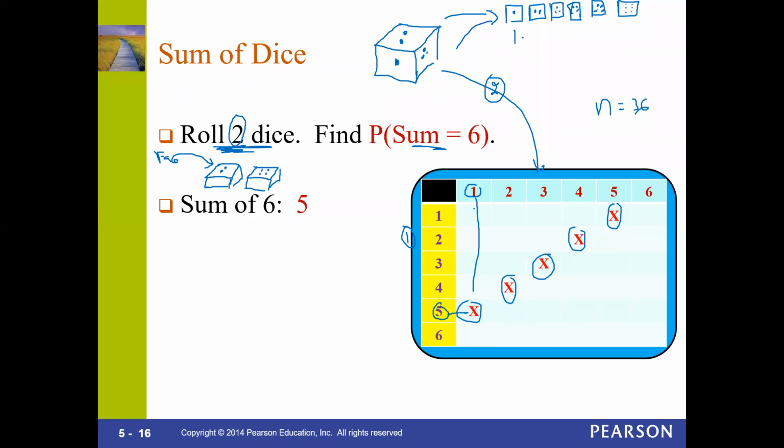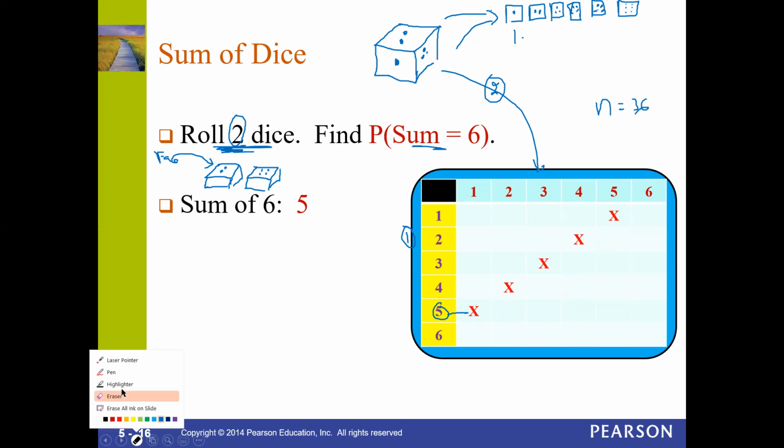The reason I give you 36, let me just erase that so you can see what I'm talking about. If you fill out the box, you're gonna have six options in total. This one is like 1 and 1.